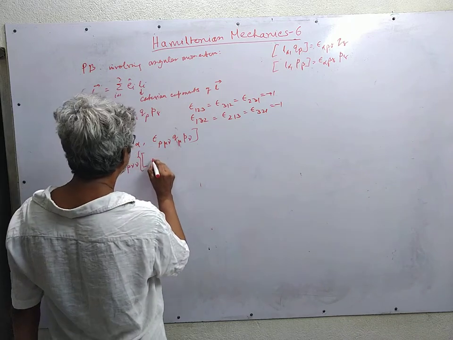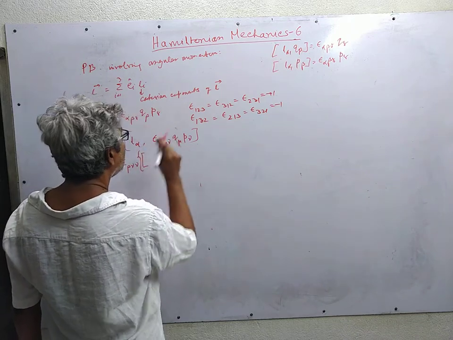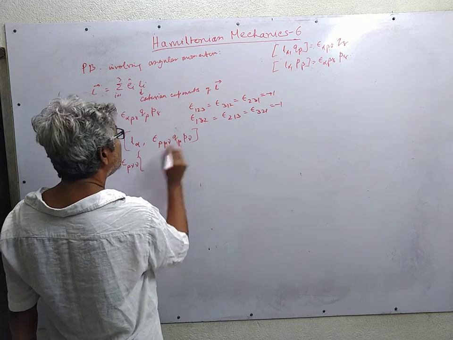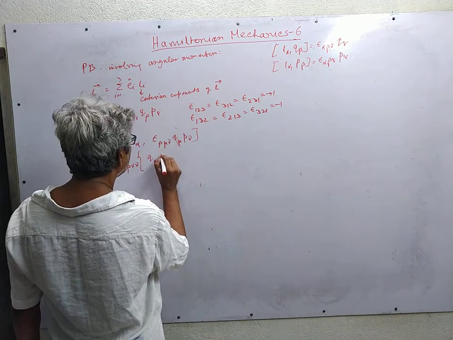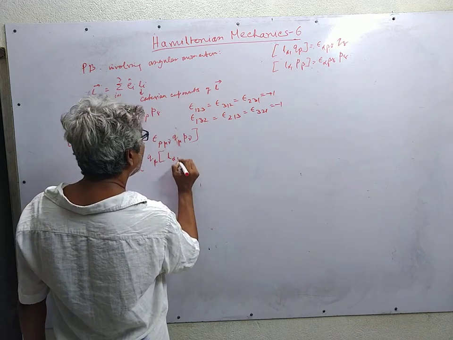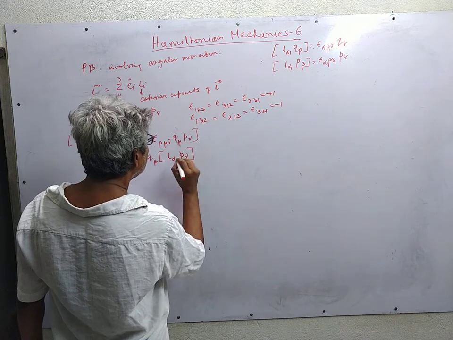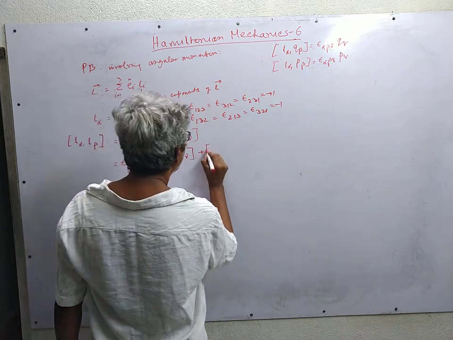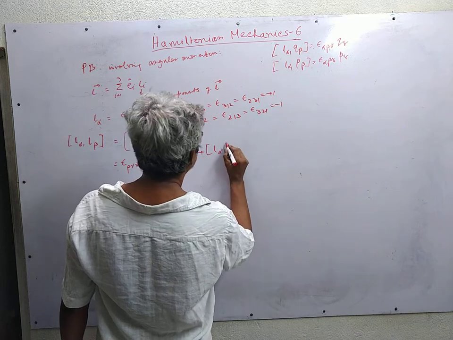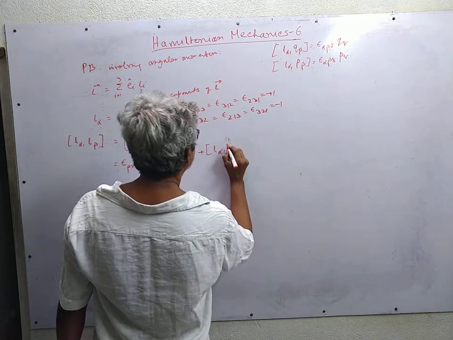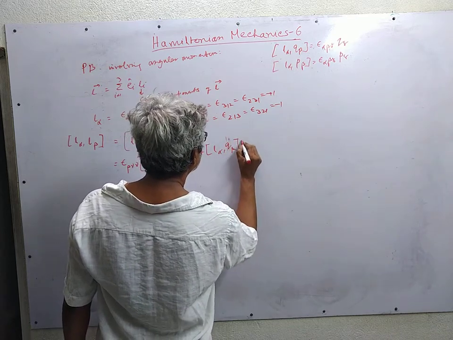One is q mu L alpha p mu plus L alpha q mu p mu.